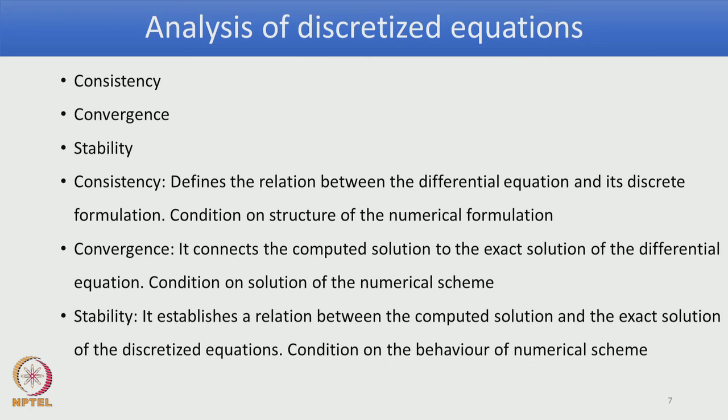It establishes a relation between the computed solution and the exact solution of the discretized equation. This puts a condition on the behavior of the numerical scheme. So, in the next few lectures we are going to get a definition and explanation with the model equation on these aspects: consistency, convergence and stability.